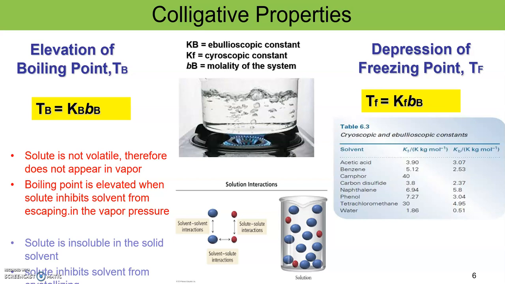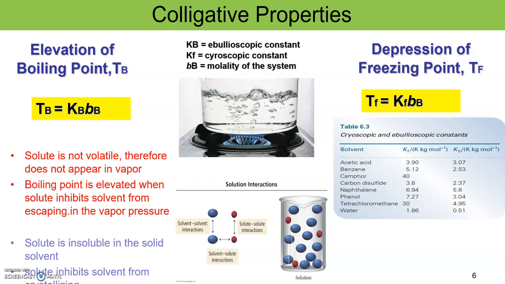So the formula of the boiling point is TB, the change in temperature at the boiling point, equal to KB times bB. What is KB and what is bB? KB is the ebullioscopic constant, and bB is the molality of the solute.